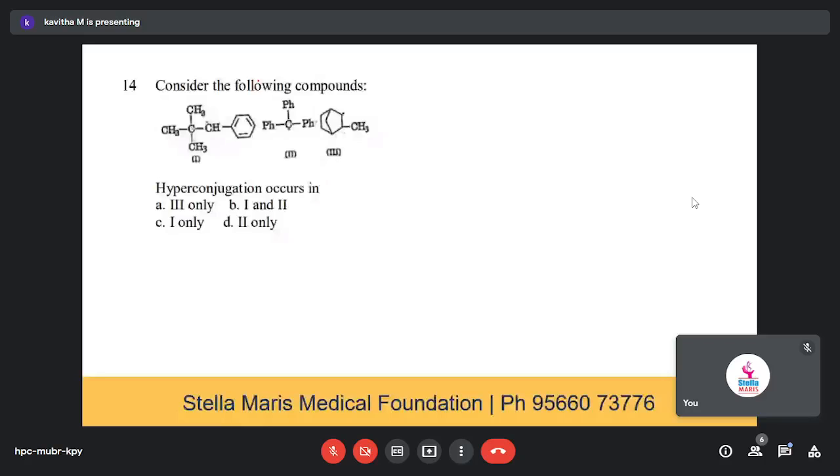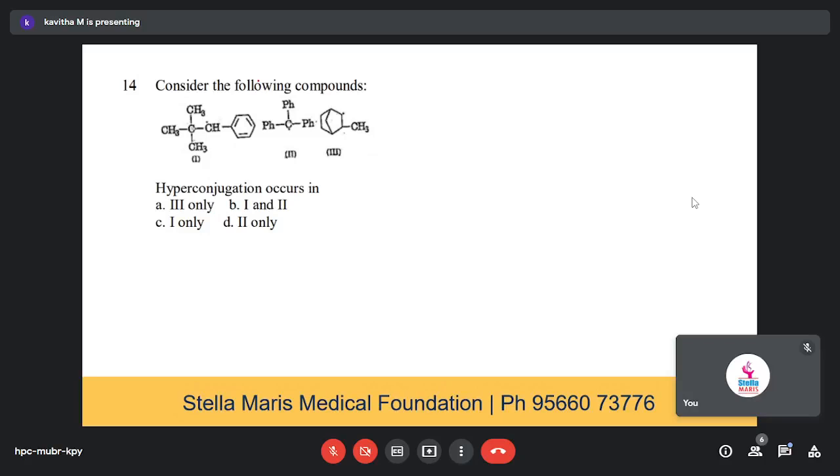When we are discussing this, you have to answer. Here, in the first one, you have the carbon free radical near the tertiary butyl group. In that you have methyl groups attached, so you have more hyperconjugative effect from these three methyl groups.